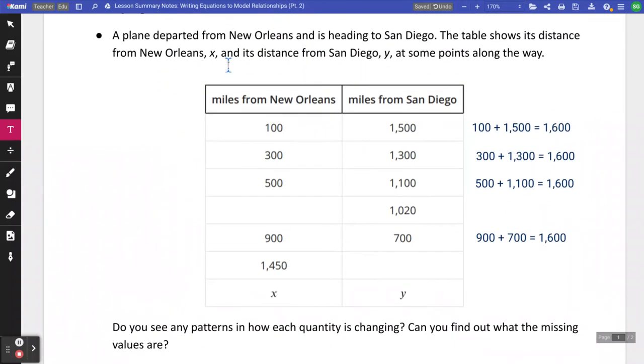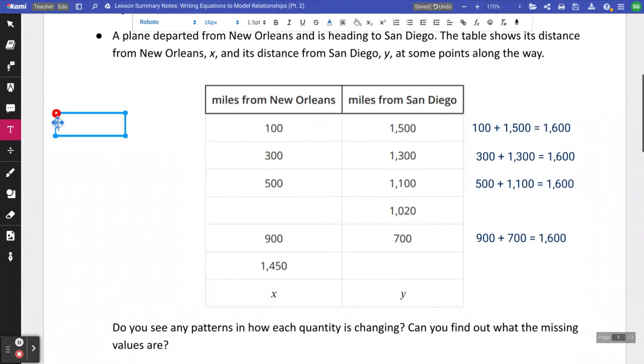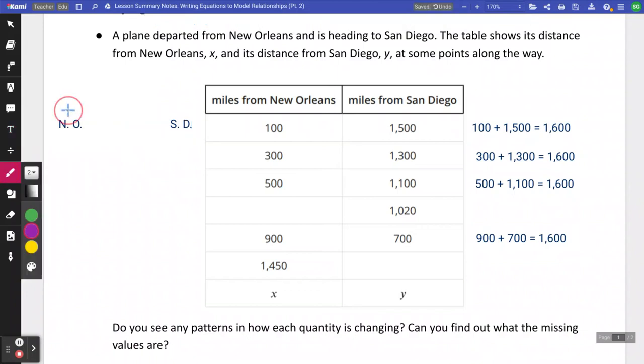Remember, our situation here is talking about a plane flying between New Orleans and San Diego. I want to think about what that looks like real quick. So here's New Orleans. That's where it took off. And then it's landing in San Diego. When we're looking at where that plane is on that flight, let's say this point right here.